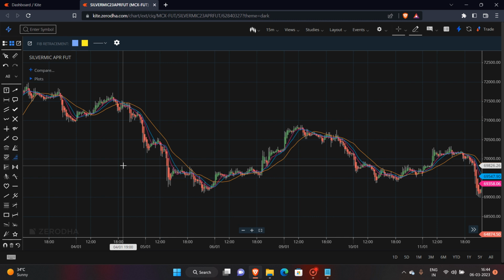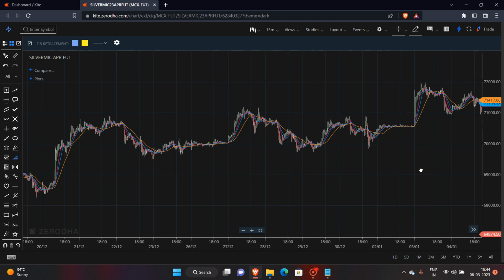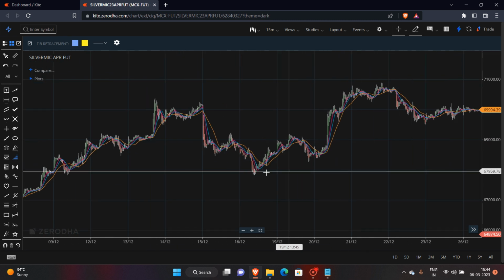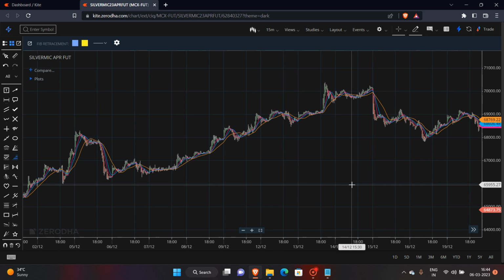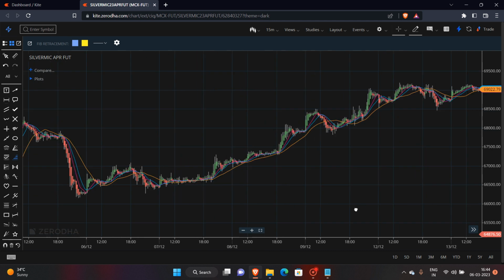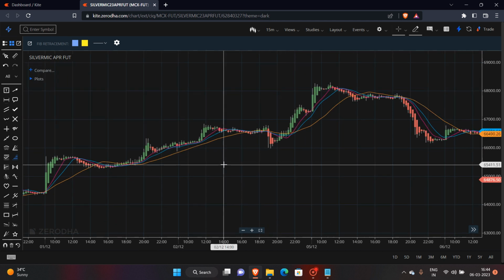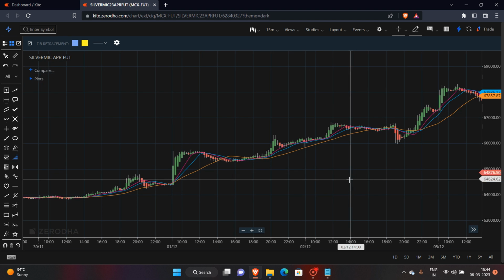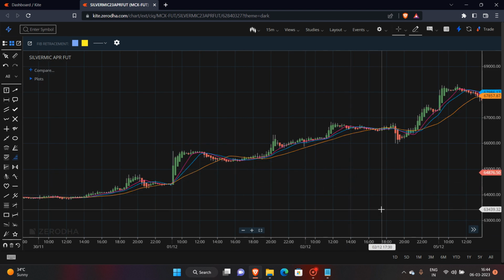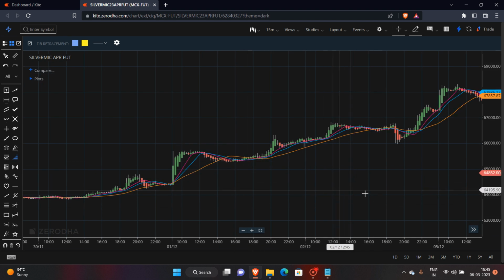In none of the cases our SL was hit. But even if you are taking, say for example, 100 trades, and 50% of the trades are successful, you will still be profitable, provided your risk reward is 1 to 2. Here we are not only getting 1 to 2, many times it is happening 1 to 3, and the risk reward is very good.